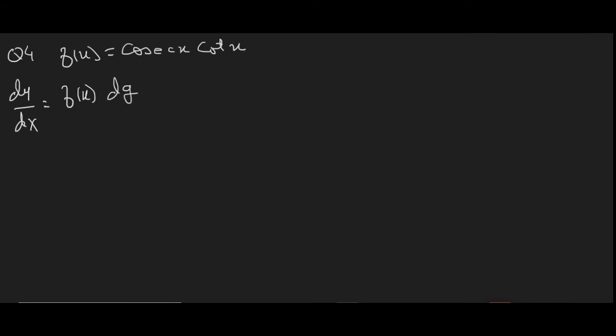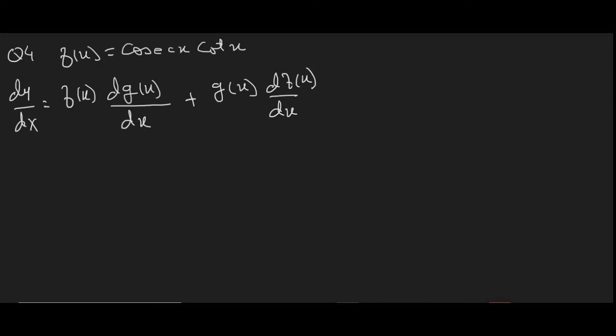f of x is equal to cosecant x cot x. Now here we are going to use the product rule, which is dy by dx is equal to f of x, derivative of second function, plus second function as it is, and d by dx means derivative of first function.